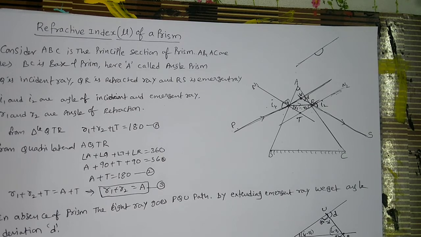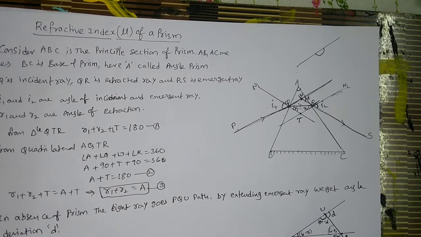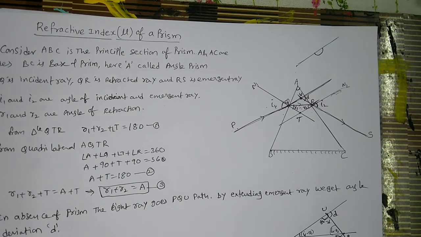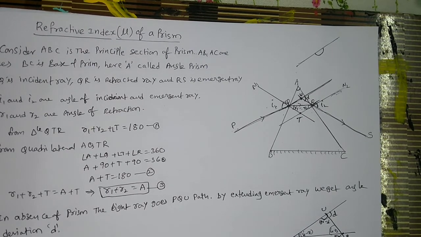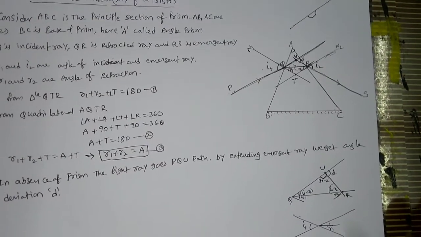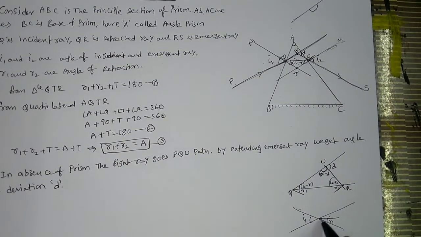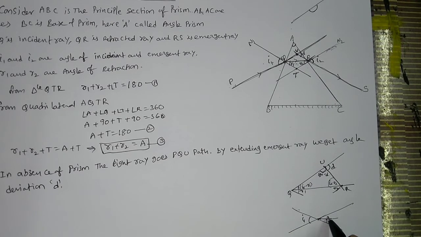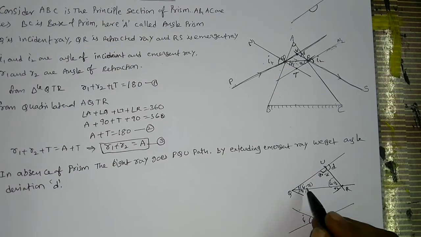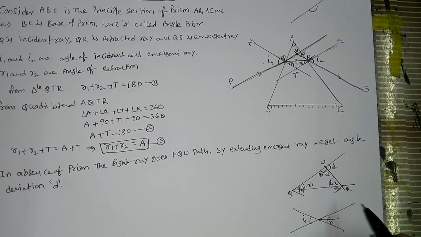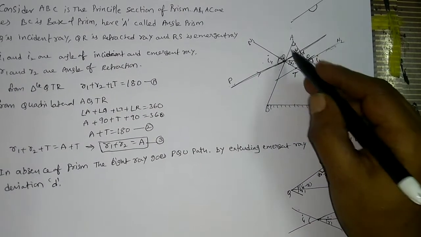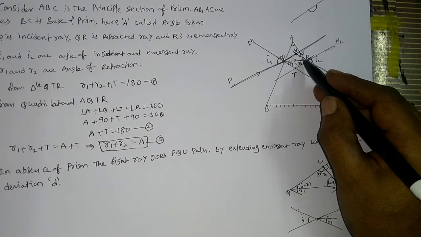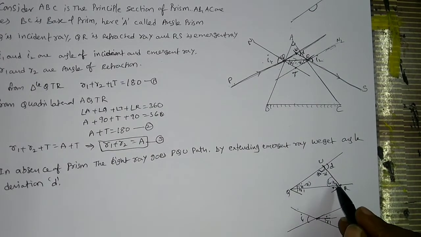This is I1, this is R1. The remaining part is I1 minus R1. Similarly, this part is also the same thing. This total will be I2, and I am removing R2. That means this angle should be I2 minus R2.